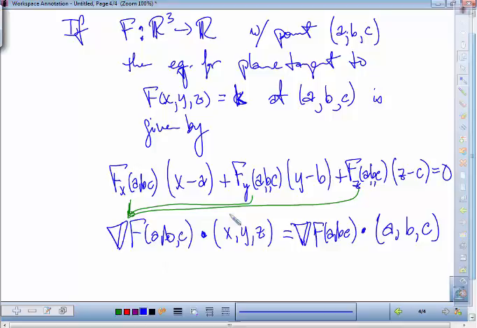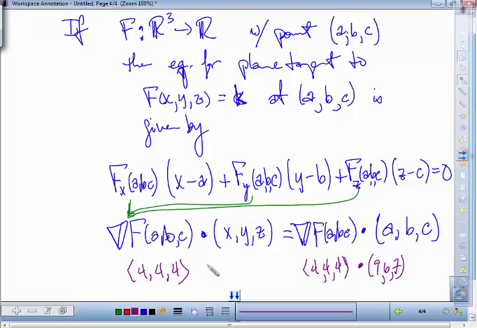Yep. And if you want to relate this back to the previous problem we just did on the previous page, we found the gradient vector, and then we evaluated at 9, 6, 7. We got 4, 4, 4. And then we dotted this one with 9, 6, 7. That was the point, right? And then we dotted this one with x, y, z.